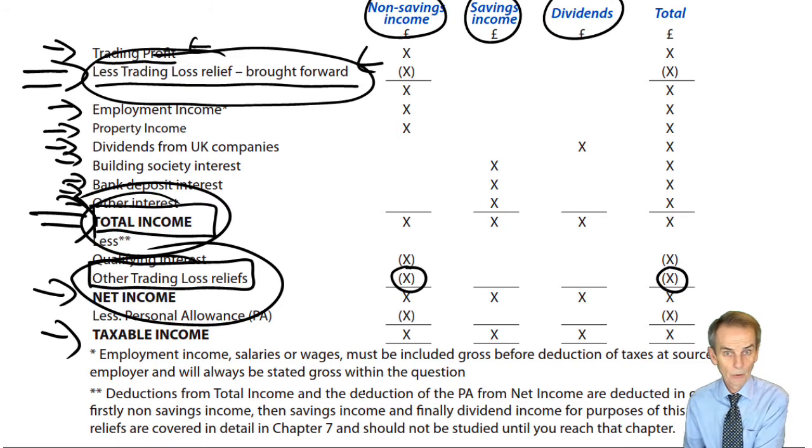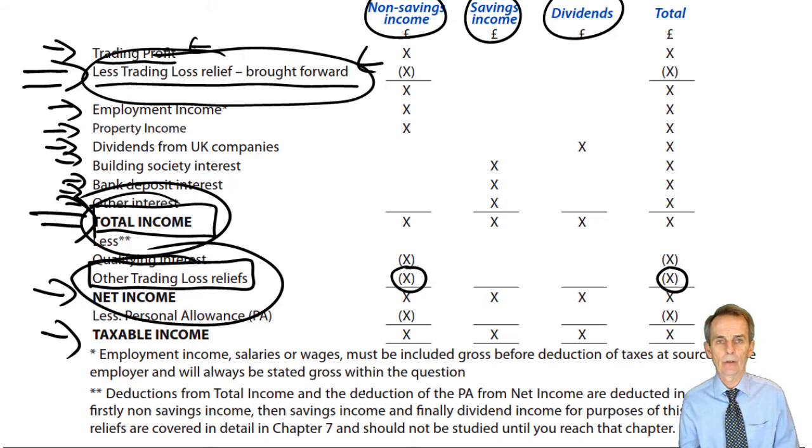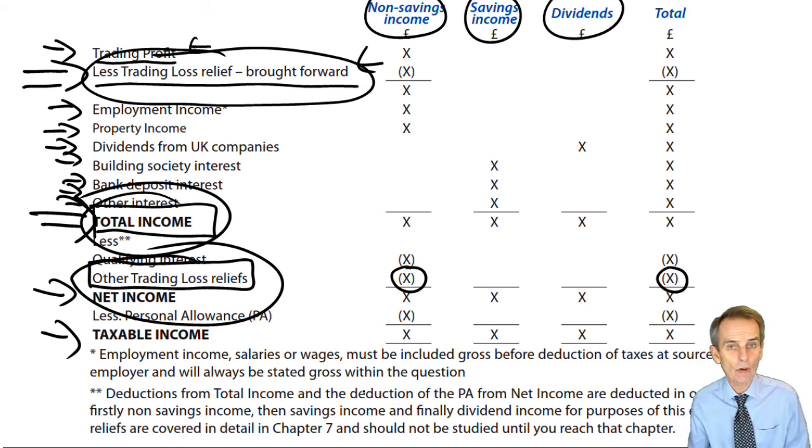If you carry forward, it will reduce a future trading income figure. The earliest that could be is the next tax year, and you'd only gain any cash flow benefit from it when the tax for that tax year would otherwise have been paid. That's something in terms of administration that's in Chapter 15, but we'll make brief mention of that a little bit later within this chapter when we deal with these detailed reliefs.